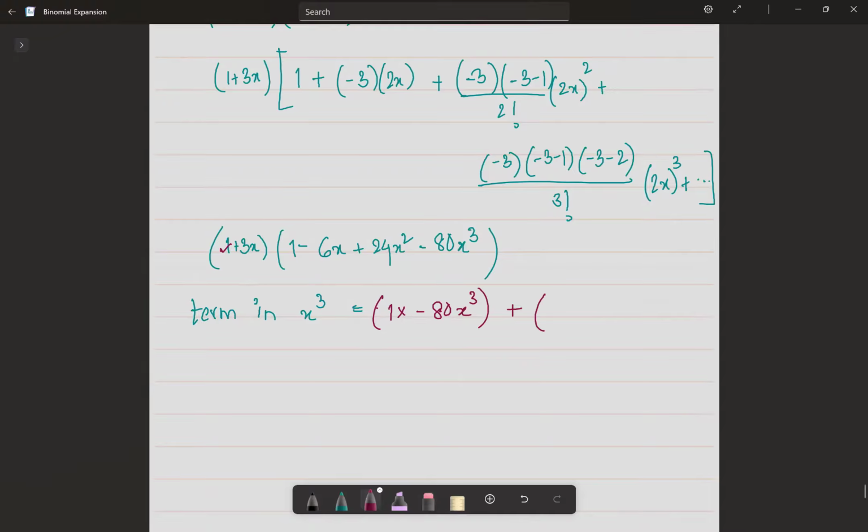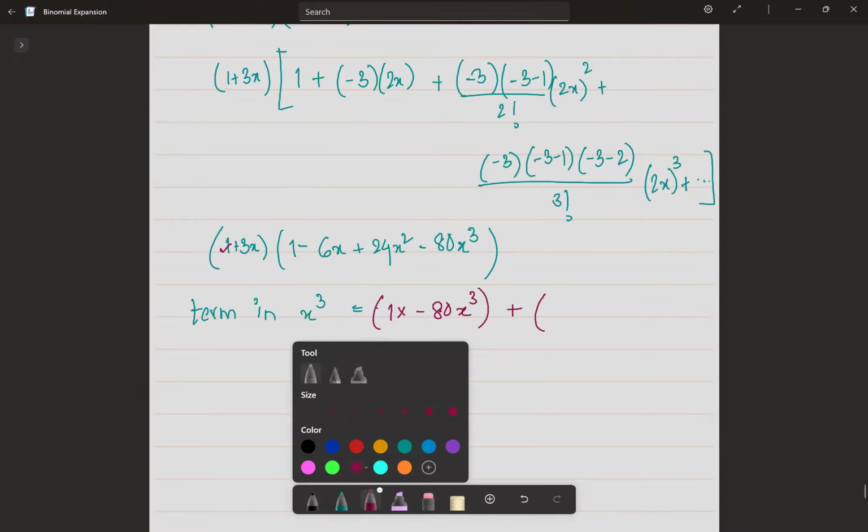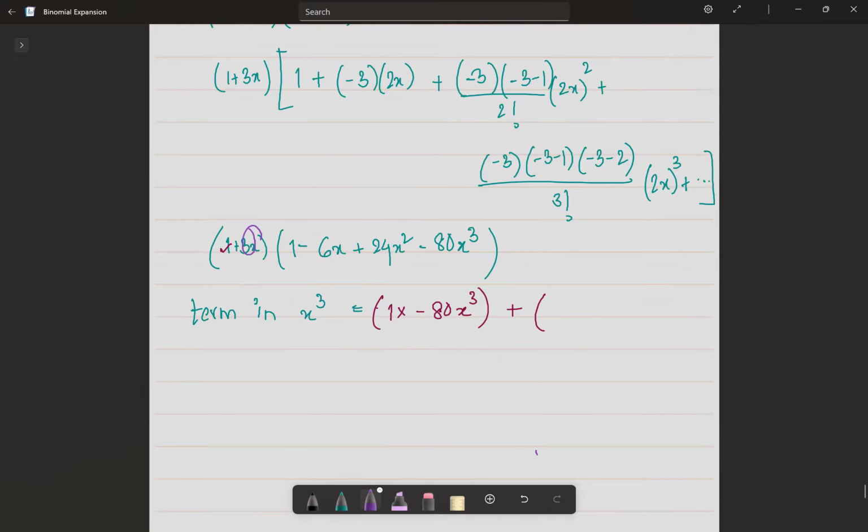Then if we pick 3x, what do we get? With 3x, if you multiply 1, you're going to get a term in x. Then 3x into 6x, you're going to get something in x squared. But if you multiply 3x with 24x squared, you're going to get a term in x cube.